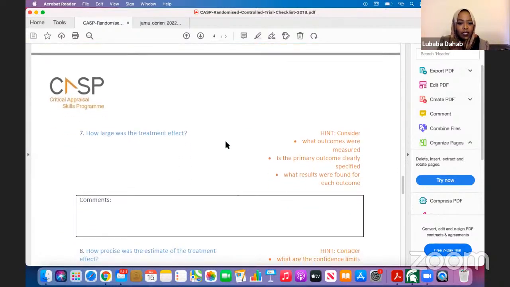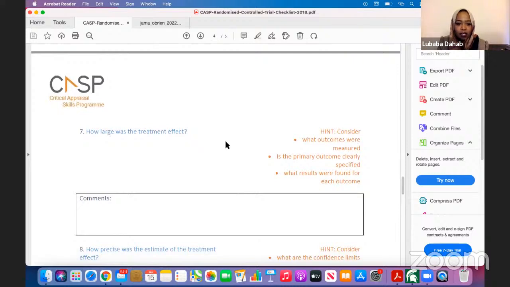Number 7, how large was the treatment effect? They provide some hints that allow you to go back and answer this question. What outcomes were measured, is the primary outcome clearly specified, and what results were found for each outcome?